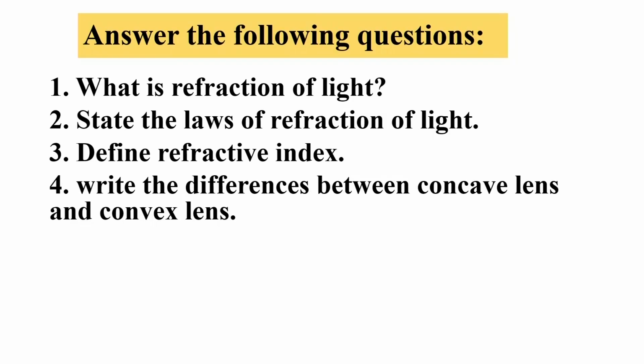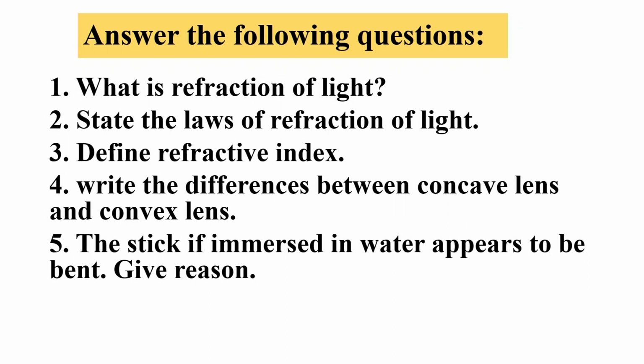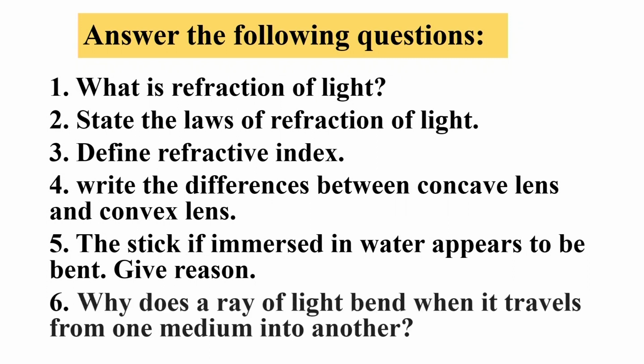Fourth question is, write the differences between concave lens and convex lens. The fifth question is, a stick immersed in water appears to be bent, give reason. And the last question is, why does a ray of light bend when it travels from one medium to another? So, these are the questions for the home assignment.